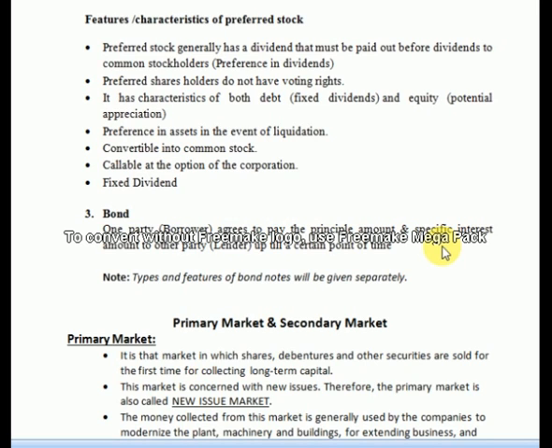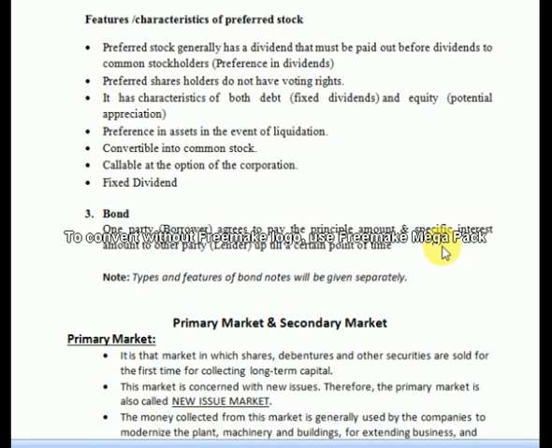It has the characteristics of both debt and equity. I already discussed this one: preferred stockholders have the characteristics of bonds, debt, and also of equity, common stock. How? Their dividends are fixed, either in amount or at a fixed rate.